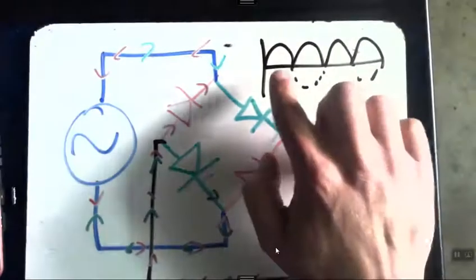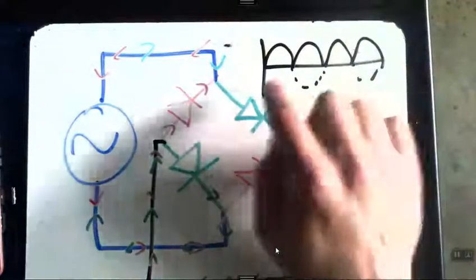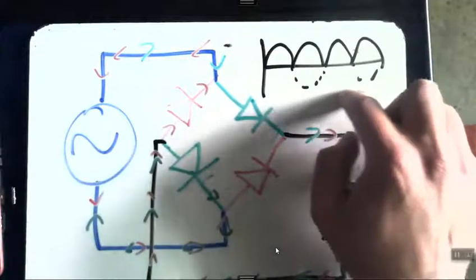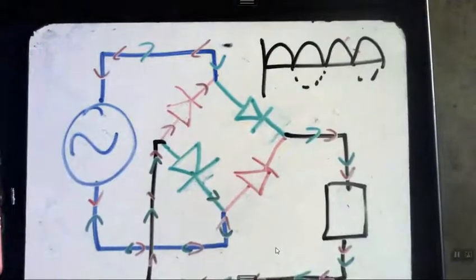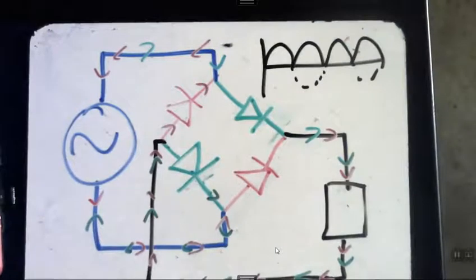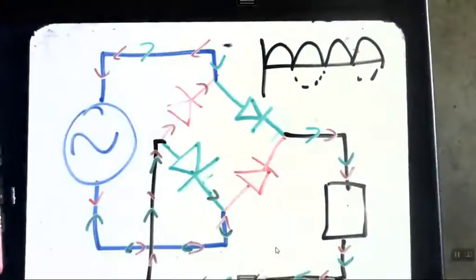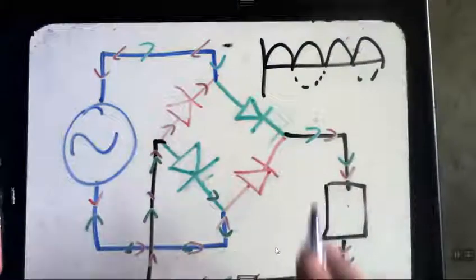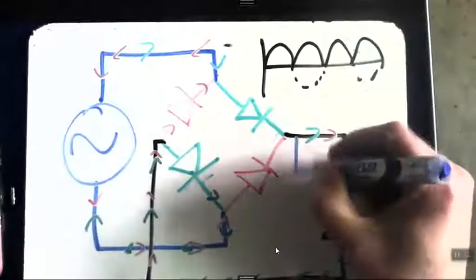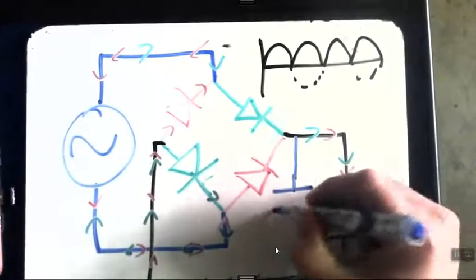Now we still don't have a DC current, an equal consistent current. So what we want to do is add another component to rectify and to smooth. We've rectified, now we want to make it smooth, and to do that we put a capacitor in here.